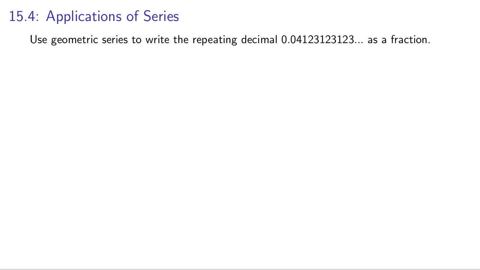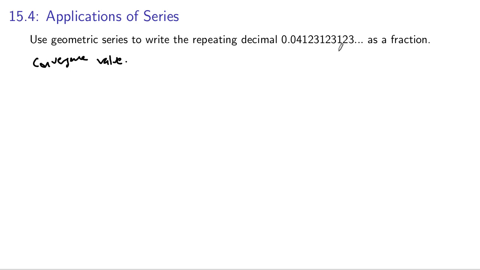And this last example used a geometric series to write the repeating decimal 0.04123123123 and so on as a fraction. So to do this, we're going to leverage the convergence value. Since this is an infinite sequence that always repeats, we're going to use that idea.